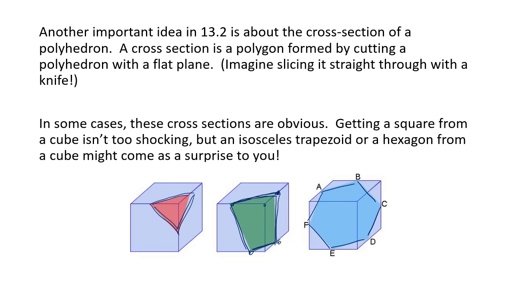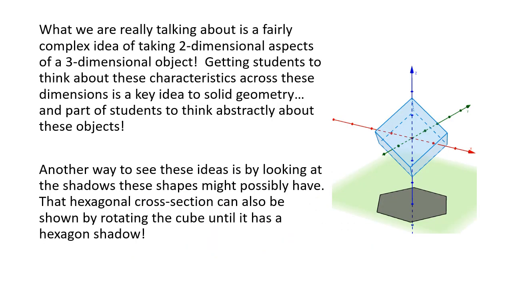And I think this is one of the things that's really interesting about this, getting students to think about these objects as something other than just a concrete object, but starting to think sort of abstractly about them. This three-dimensional object is made up of two-dimensional objects, and a bunch of two-dimensional objects can join together to make a three-dimensional object.